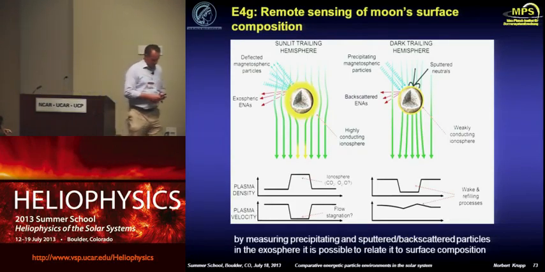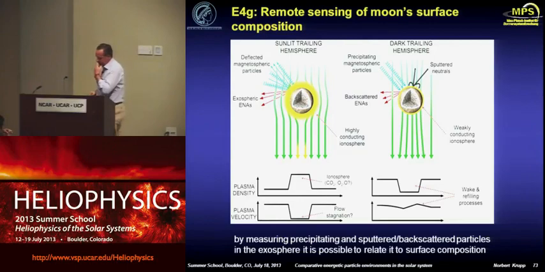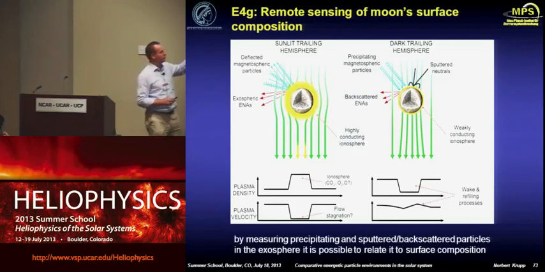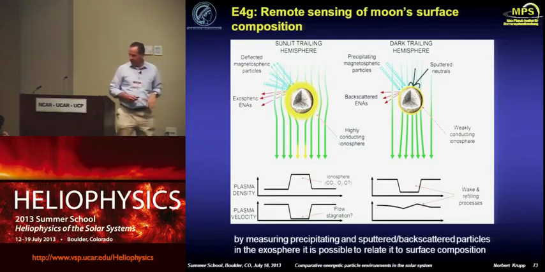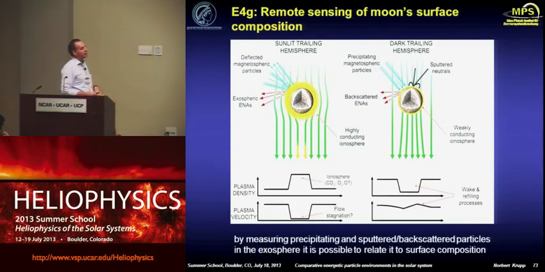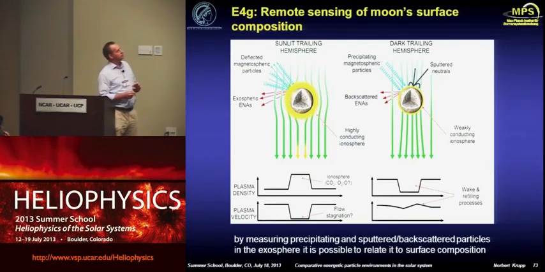This is something similar to this slide here, where we try with JUICE. This is one of our goals, which we will hopefully manage to tackle with the JUICE project and our instrumentation on board, that you can determine remotely if there is an exosphere or if there is some backscattered ENA or sputtered neutrals coming off the surface by looking at all the energy ranges at the same time.